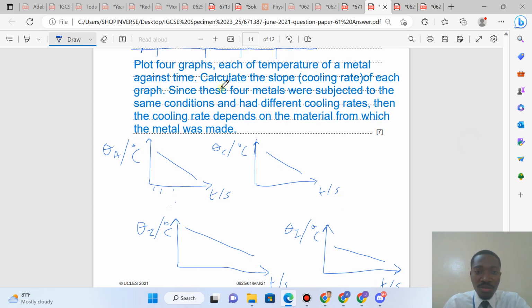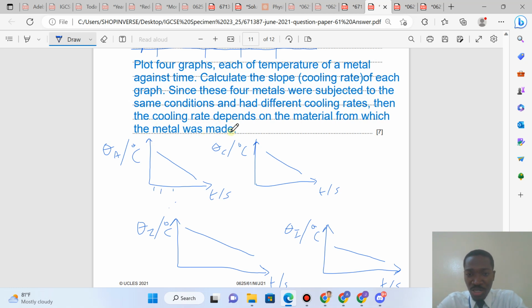Let's just go on. Since these 4 metals were subjected to the same conditions, yes, they were heated to the same initial temperature, and they were exposed to the same environmental condition: there was no wind, we avoid wind, and you maintain your room temperature throughout the process. The cooling rate depends on the material from which the metal was made.